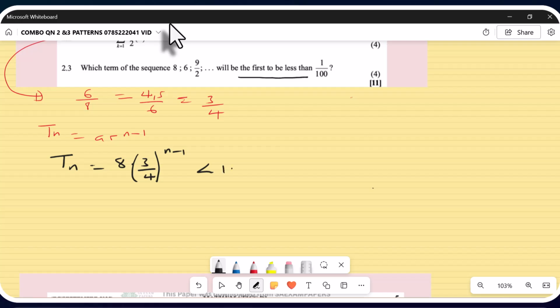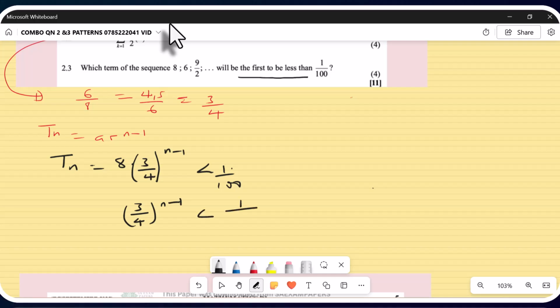Okay, so from here now, if you divide by 8, (3/4)^(n-1) is less than 1/100, and this becomes 1 out of 800 because we divided by 8.